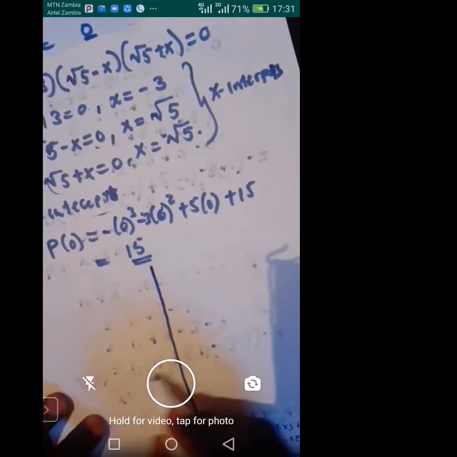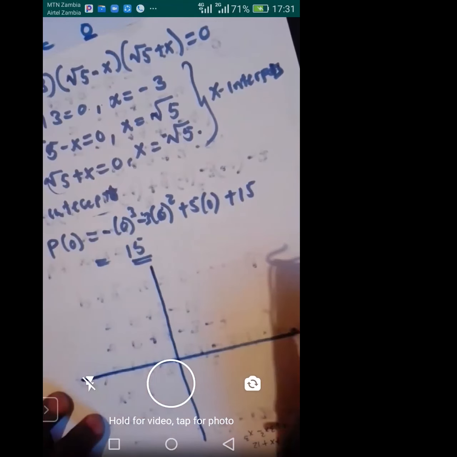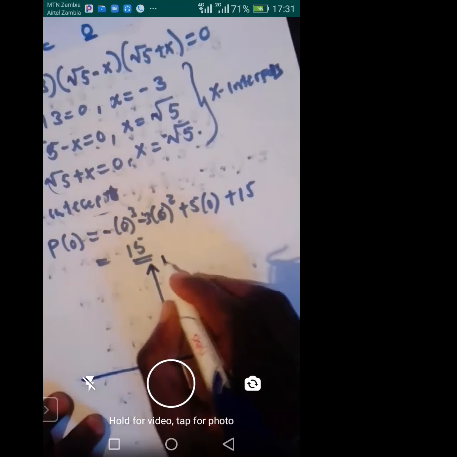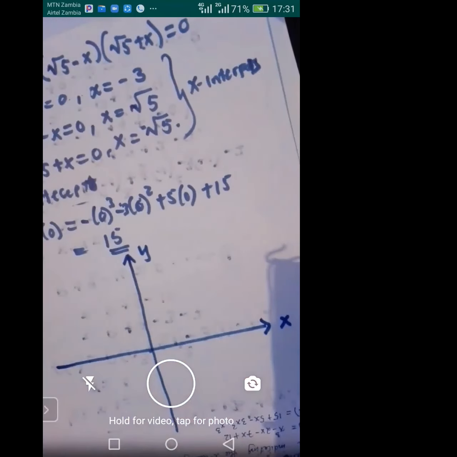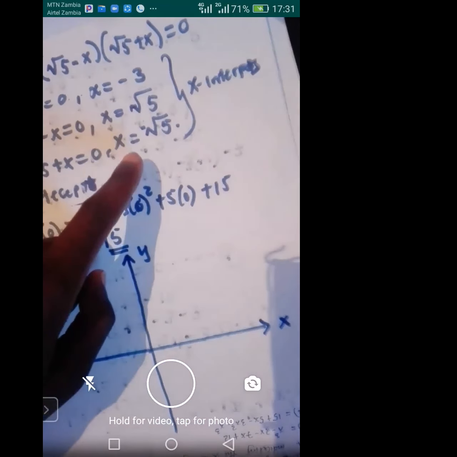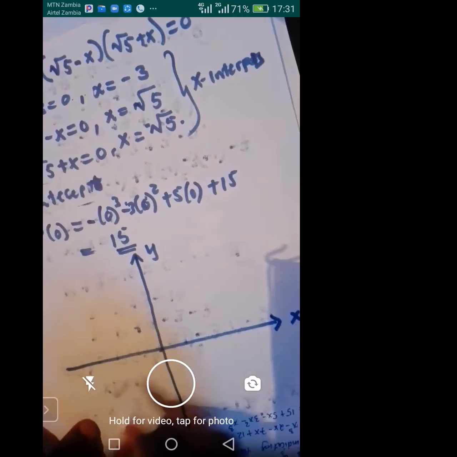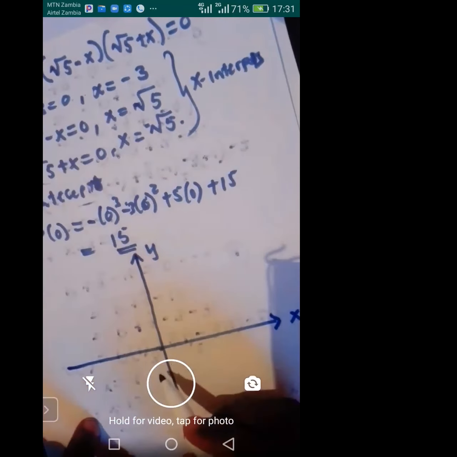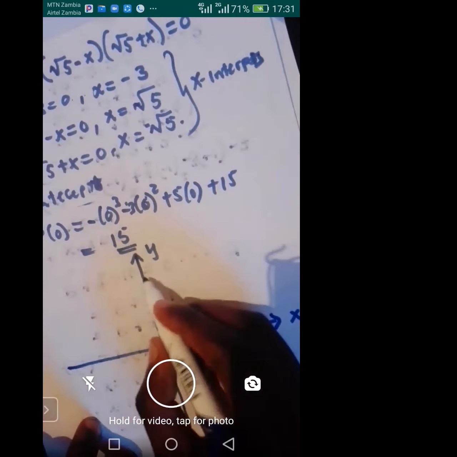Now we can sketch the graph of this polynomial function. So you have x, you have y there. Okay. So you have that one of the x-intercepts is -5 and -3. So you have that. And then we have that the y-intercept is somewhere here.